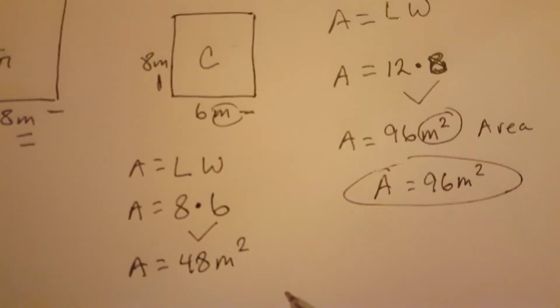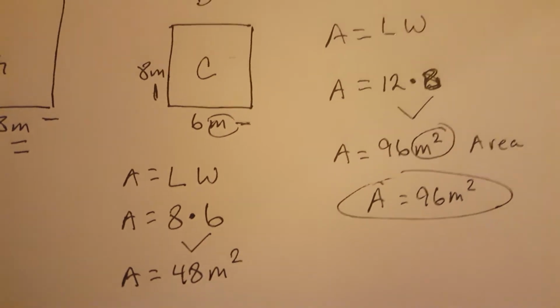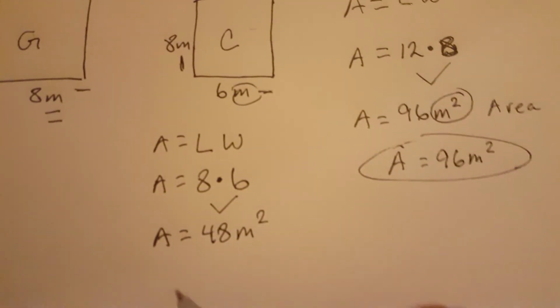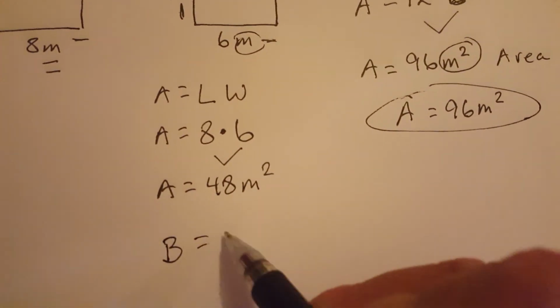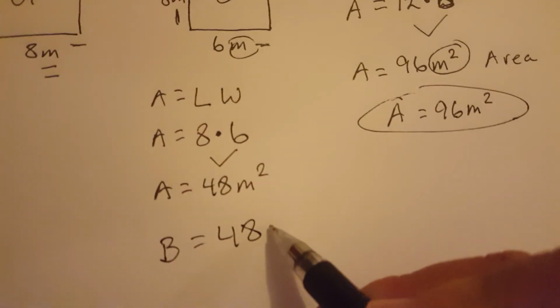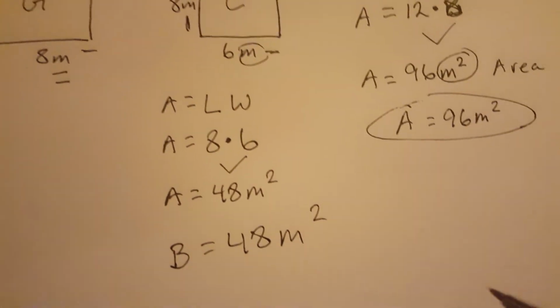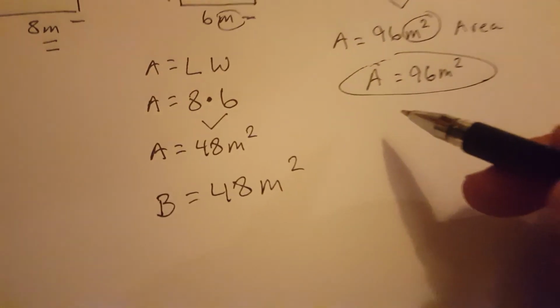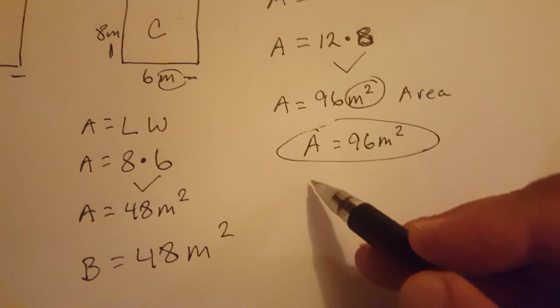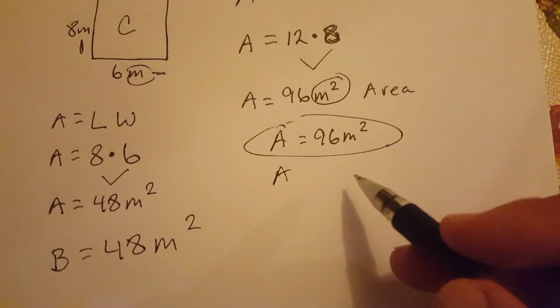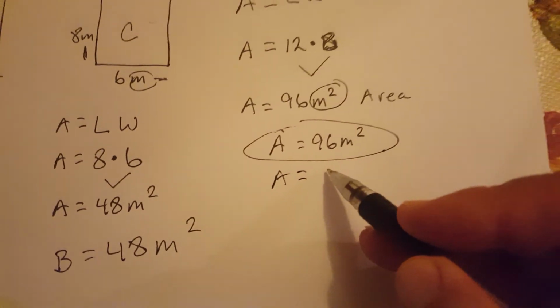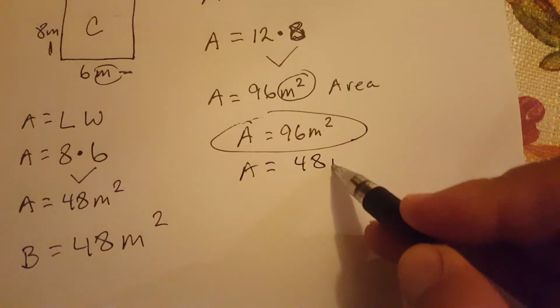Two-dimensional product. That's what we get. So rectangle B will equal 48 meters squared. Let's go ahead and write that underneath area A, rectangle A, I apologize. Equals 48 meters squared.